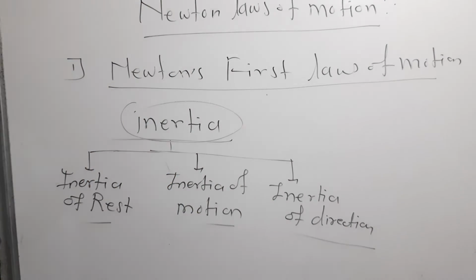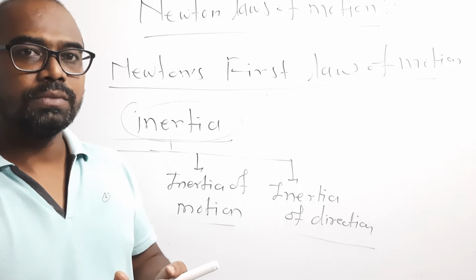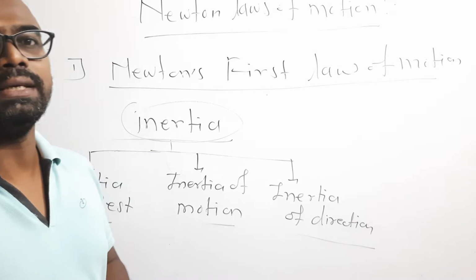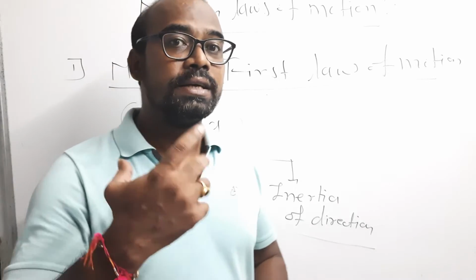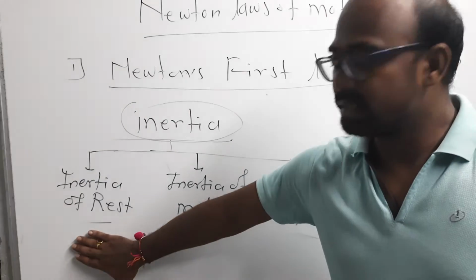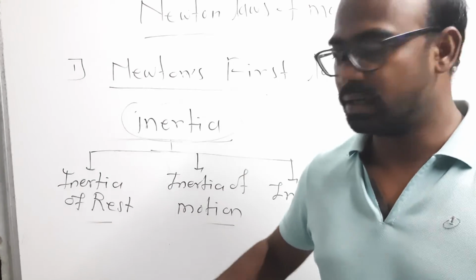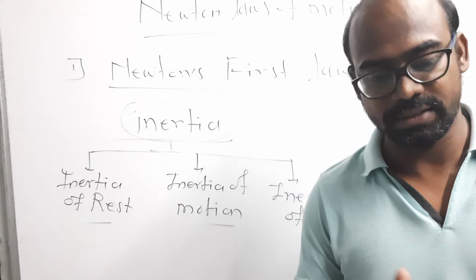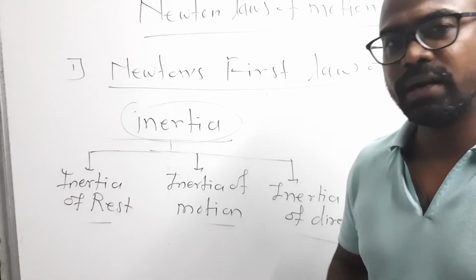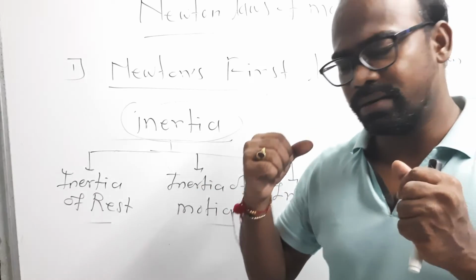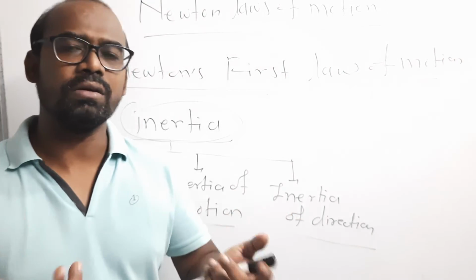In that, inertia of rest, what will we say? A body has inability to change the state of rest by itself, called inertia of rest. Again the example is the object kept on the table, right? Inertia of rest contains a lot of examples.